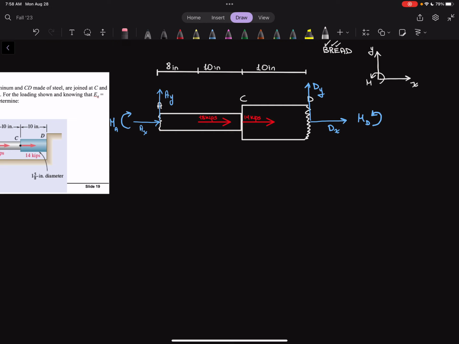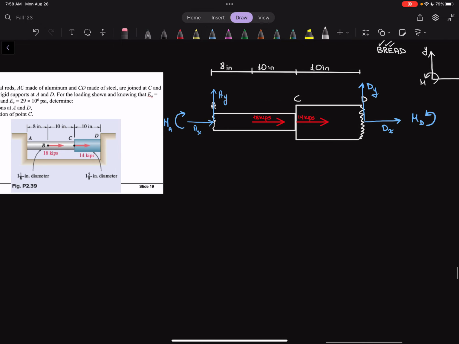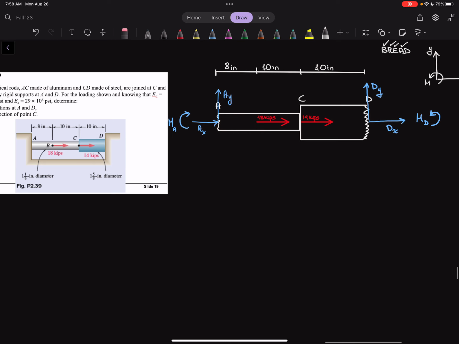Then the external forces, we have the 18 kips and the 14 kips, and those are the only two external forces that I see. And then the axis is there, and the dimension, well, we forgot that this has a diameter of 1 1/8 inch, and this one has a diameter of 1 5/8 inches.